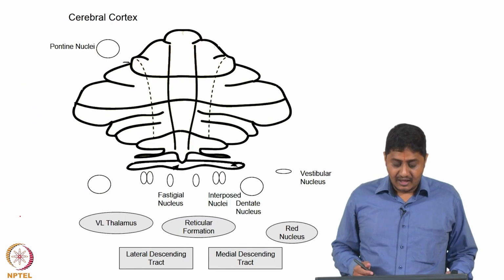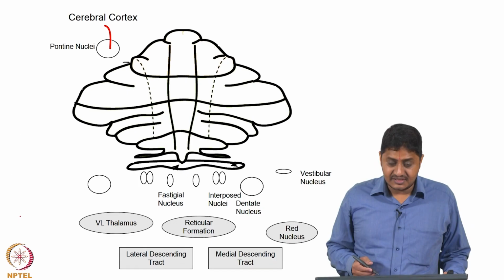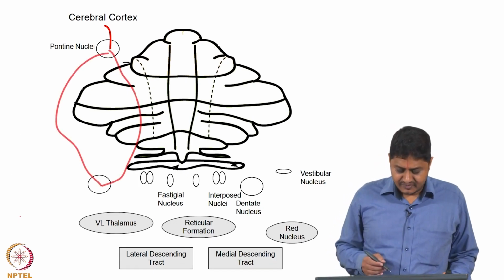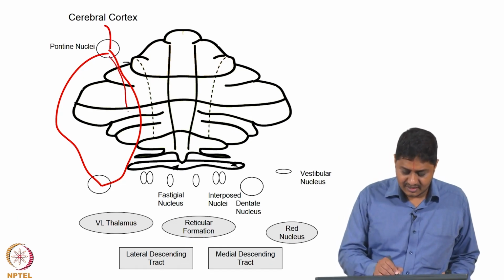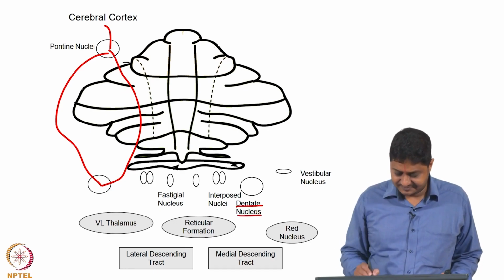Okay. And for the cerebrocerebellum case, information comes in from the cerebral cortex to pons, and from pons through the lateral areas, or this is the cerebrocerebellum, through the lateral hemispheres, and projects to the dentate nucleus, that is the big nucleus, right.